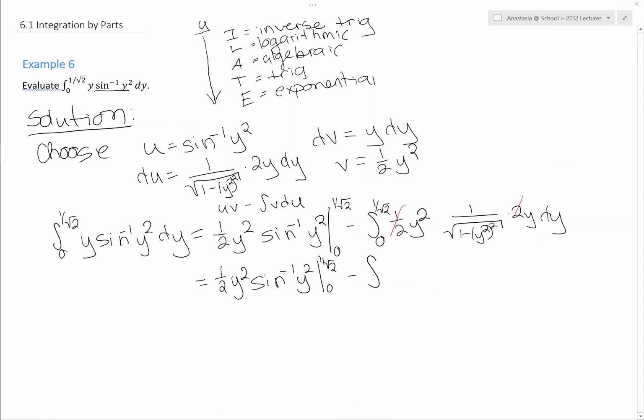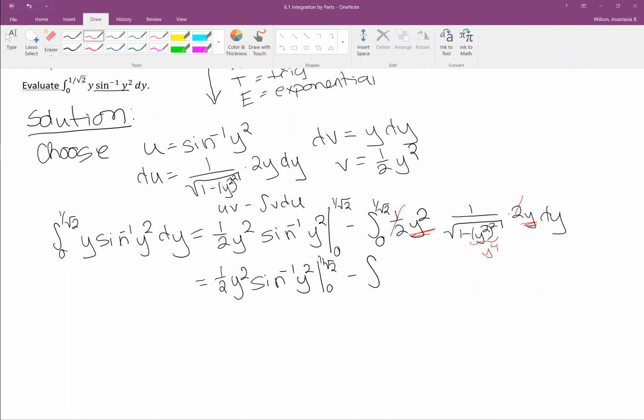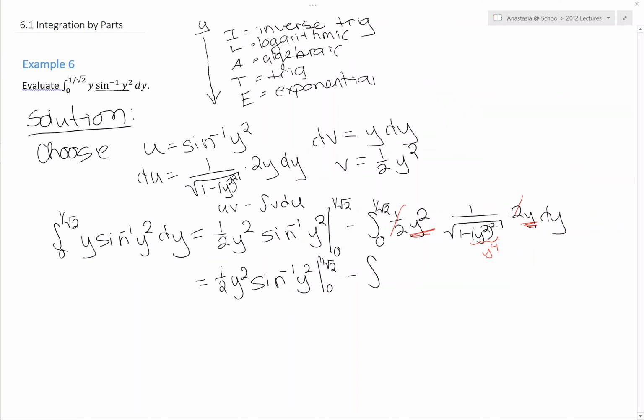We are going to end up with a y cubed by combining there, and y squared squared will give us a y to the 4th. So we end up with the integral of y cubed over the square root of 1 minus y to the 4th dy, and then of course we have our bounds 0 and 1 over the square root of 2.